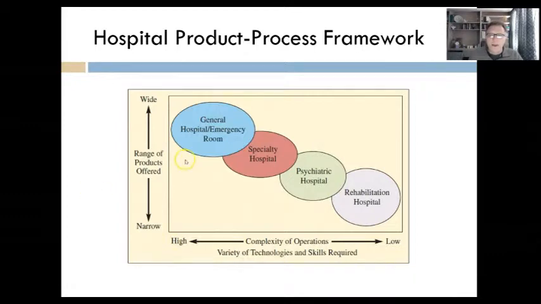So quite a wide range. The range of products offered is pretty narrow at a rehab, where you're in to get one thing done, and then you're out. Whereas at a hospital, quite a wide range of things go on. You can be there for short term or long term.